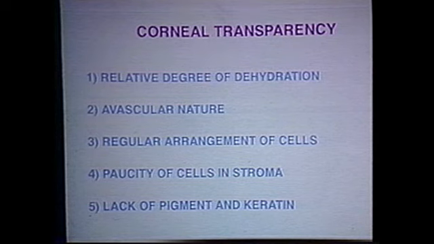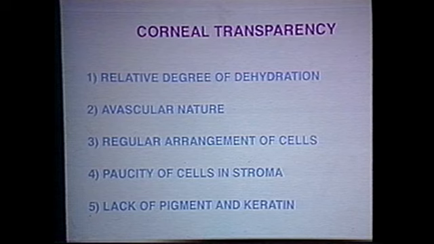The avascular nature of the cornea is important with respect to transparency as well, and corneas in which there are vessels growing will be opaque. The regular arrangement of the cells is an important feature, not only of the epithelial cells but also of the keratocytes in the stroma, and anything which interferes with that regularity will also tend to produce corneal opacity.